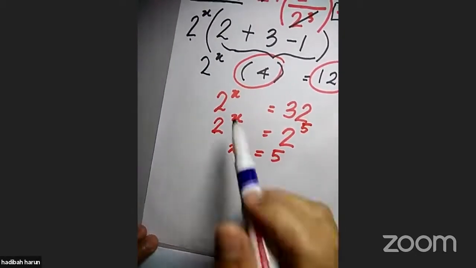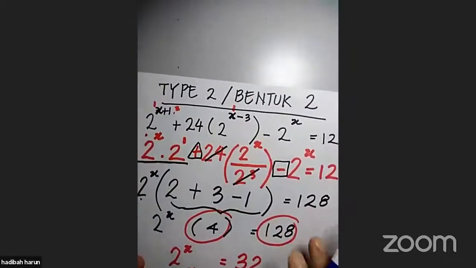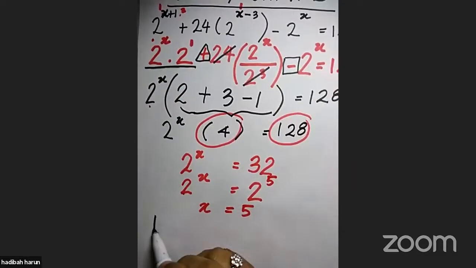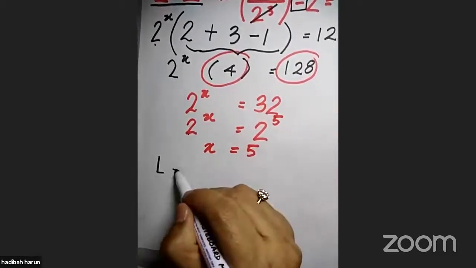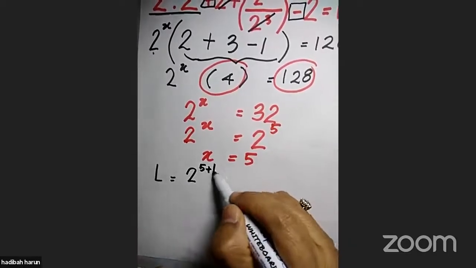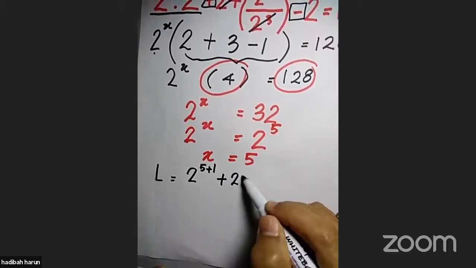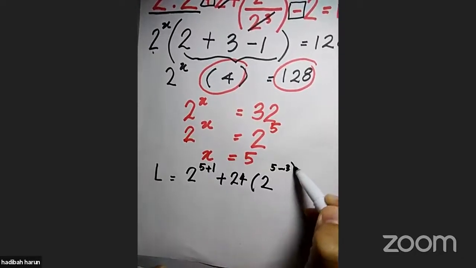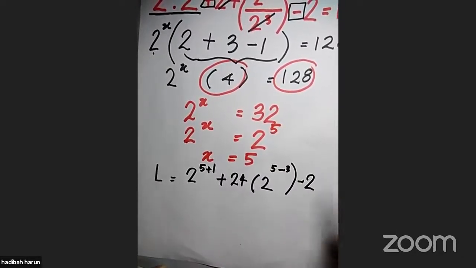So on your left, L stands for left, you have 2 to the power of x plus 1 plus 24. Your x just now is 5. So 2 to the power of 5 plus 1, minus 3, minus 2 to the power of 5.